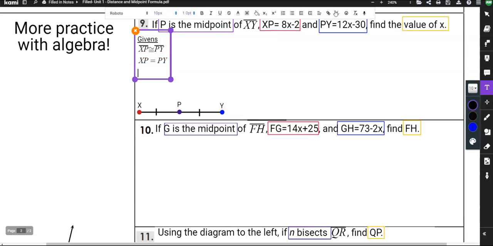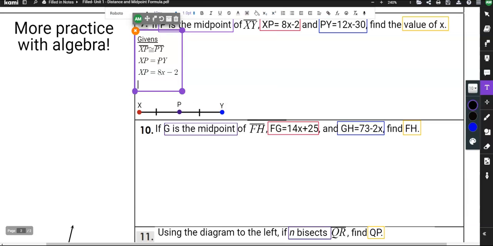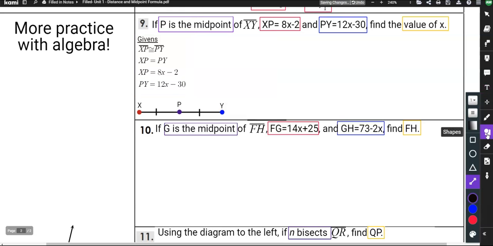XP is given to us as 8x minus 2, and PY is given to us as 12x minus 30. And again, the equation that we're going to use is right here already. So we have it as part of our list of givens right here. XP equals PY.